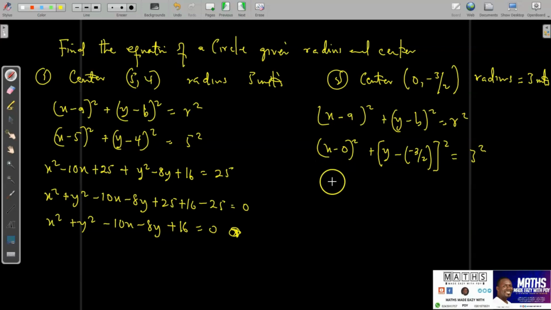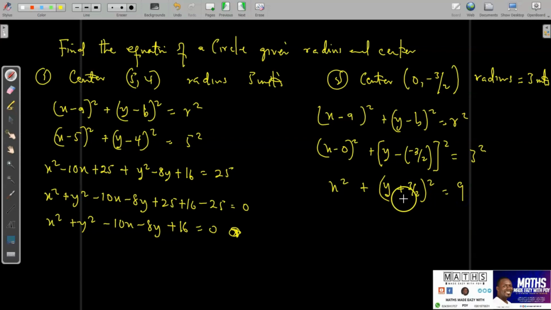That will be leaving me with x squared plus y plus 3 on 2 all squared equal to 9.